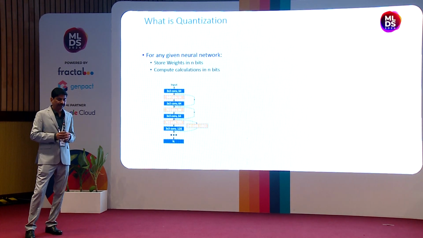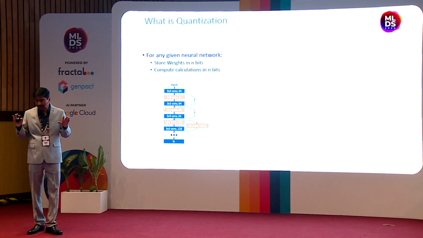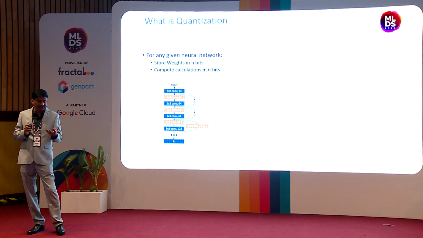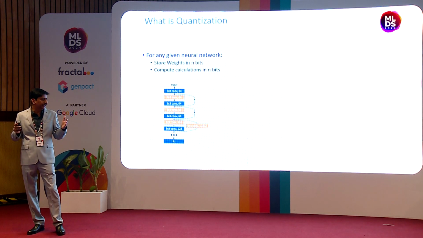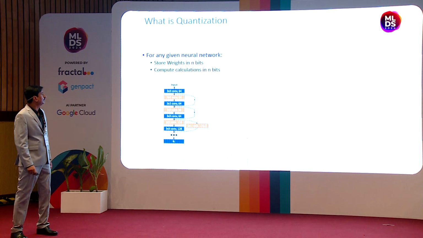When you reduce it, you have to do it in a way that the distribution spectrum is not hindered, because your total knowledge is stored in this particular distribution of weights, and you need to ensure that the relative distance between those weights is maintained. That is what quantization brings you. As long as you manage that, you'll be able to meet the accuracy, and then you can convert all the models.